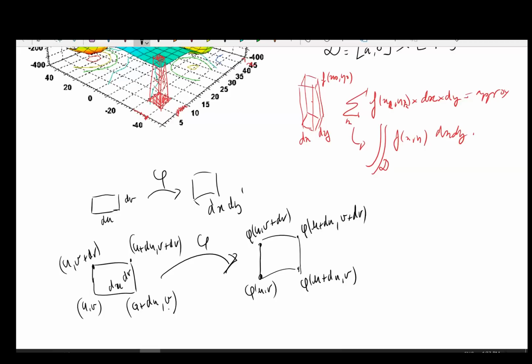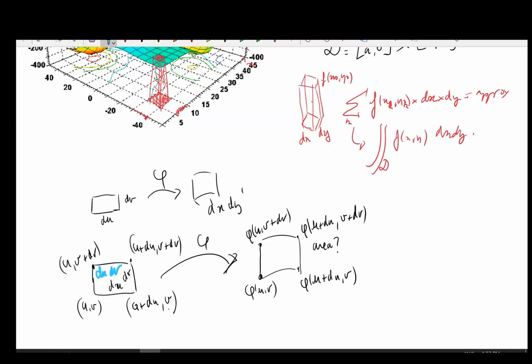What I want is an approximation of that area, knowing that the area of this rectangle is du dv.